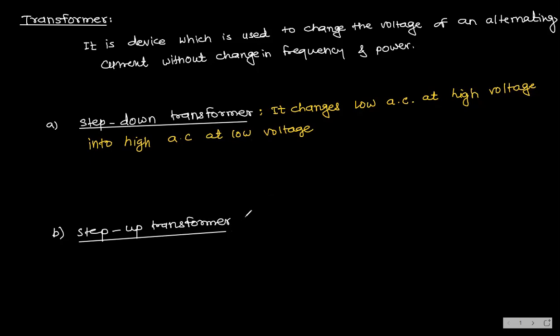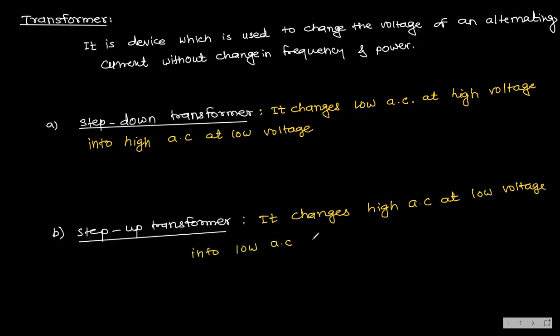Now, what about step up transformer? It is the reverse, isn't it? Yes, it's reverse. So it changes high alternating current at low voltage into low alternating current at high voltage.